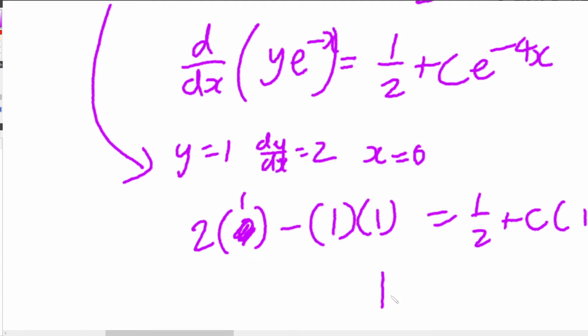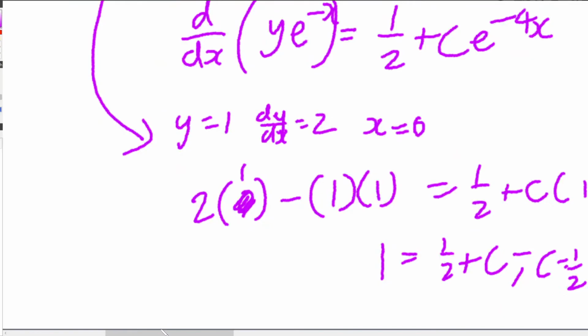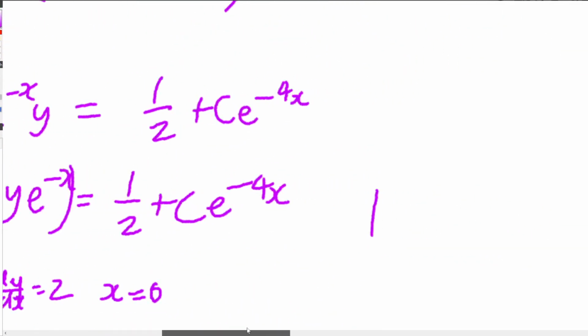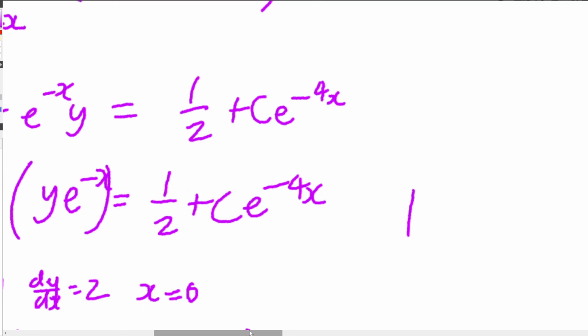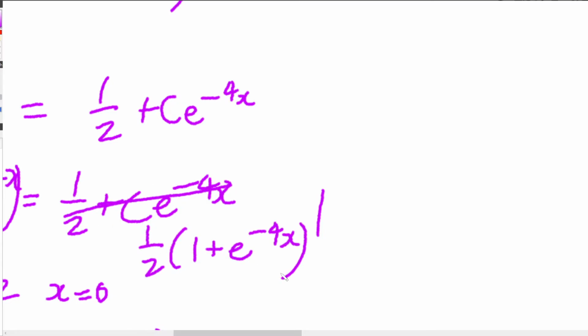Or rather, 1 is 1/2 plus c, or c is 1/2. We now know that if c is 1/2, this is 1/2, 1 plus e to the minus 4x.